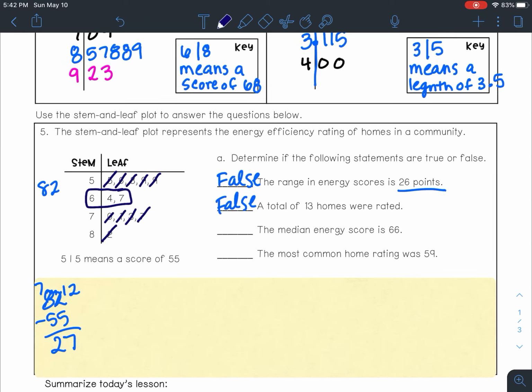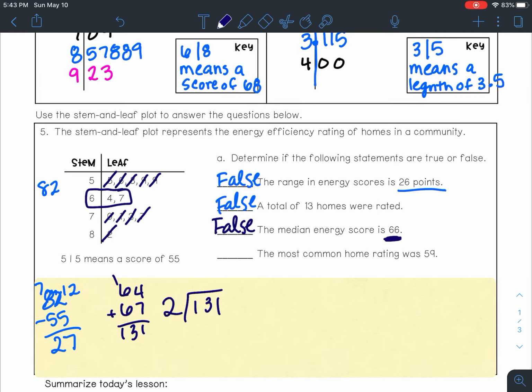Now, whenever I land between two numbers, I do need to add them together and then divide by 2. So 64 plus 67, 7 plus 4 is 11. We have 12 plus 1 is 13. 131. If I divide that by 2, I already know I'm not going to get this even number here because I have an odd number. And when I divide by 2, I'm going to get a decimal. So this one is also false.